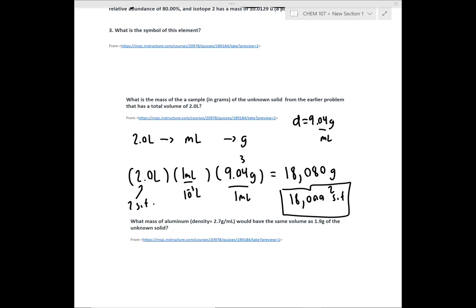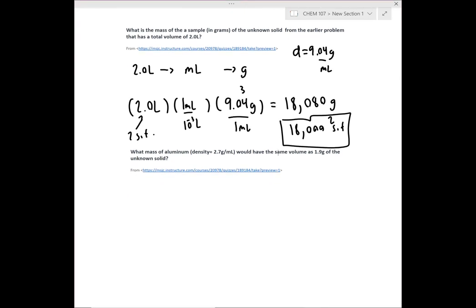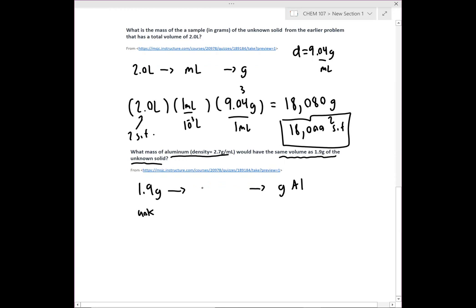So let's look at the next part and variant of this question. We're asked what mass of aluminum, which has a density of 2.7 gram per mil, would have the same volume as 1.9 grams of the unknown solid. So I have 1.9 grams of my unknown, and I'm asked to convert this into a mass of aluminum. To do this, I'm going to calculate the volume of my unknown in this 1.9 grams using the density of my unknown, and then I'm going to use the density of aluminum to convert the volume into a mass of aluminum.